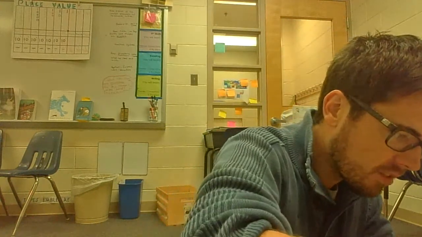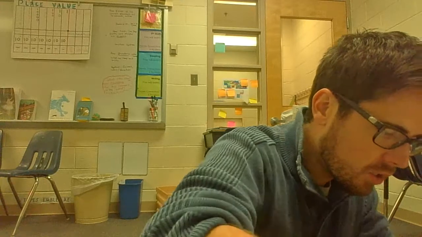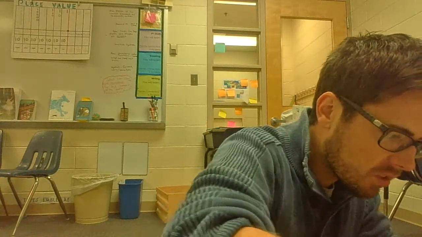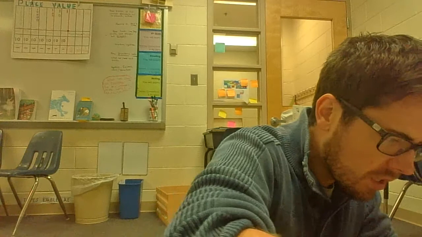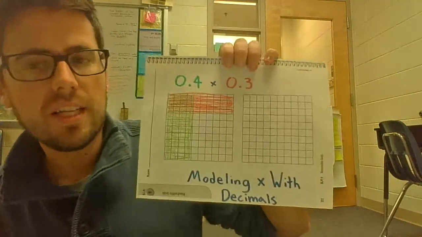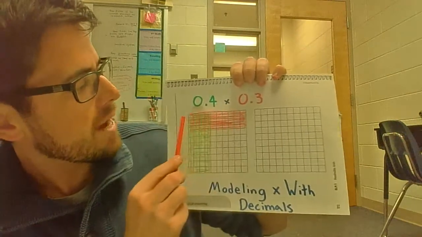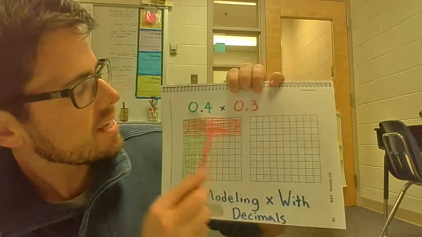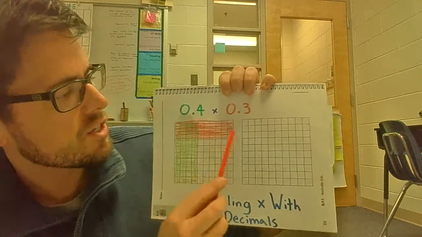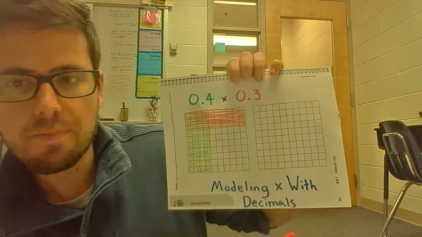So let me model my 3/10. 1 group of tenths, 2 groups of tenths, and you can do this as well, 3 groups of tenths. So now you can see that horizontally, I have colored in my 3 groups of tenths. Those are my French fries. They're just turned a different direction.